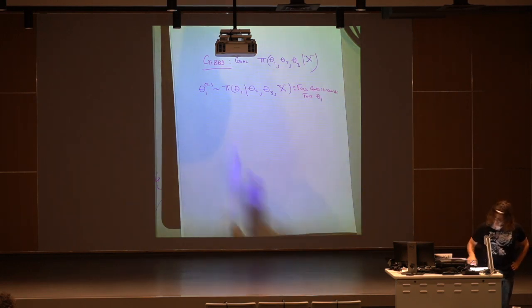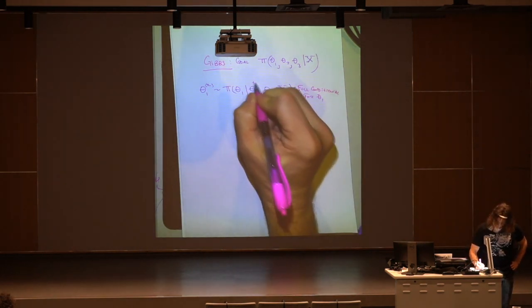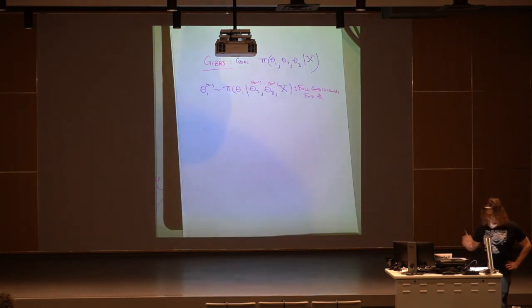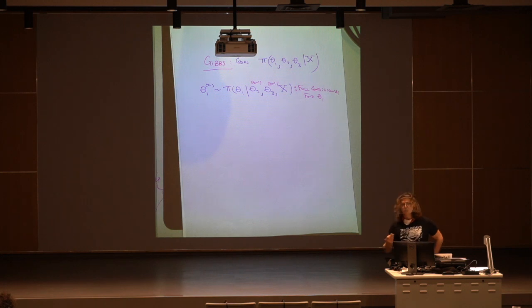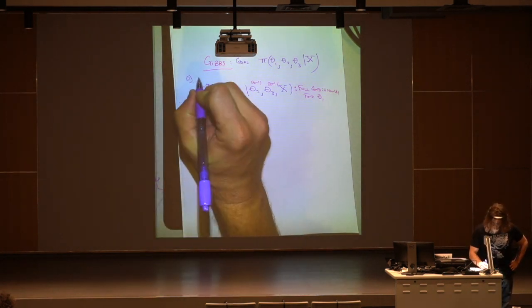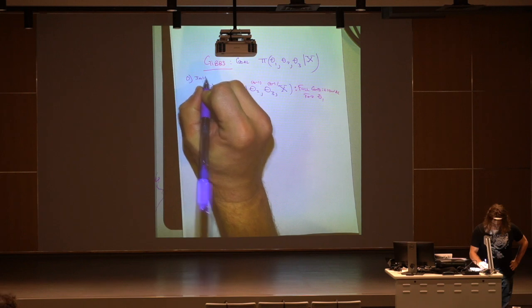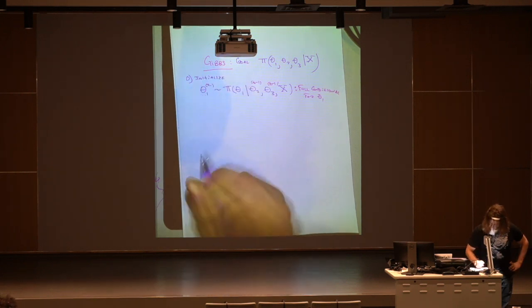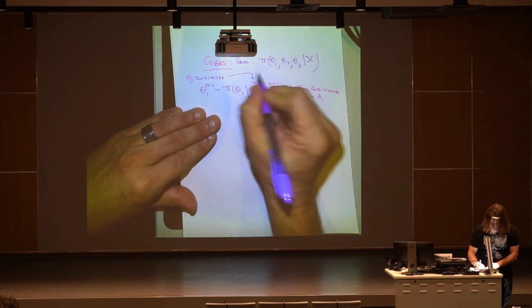I need to initialize this, so I'm going to come up with some initial values. If there's 3 parameters, you need 2 initializers. If there's 17 parameters, you need 16 initializers. You need to initialize everything but the first step. So the 0 step is initialize, and you're going to initialize those 2 things.